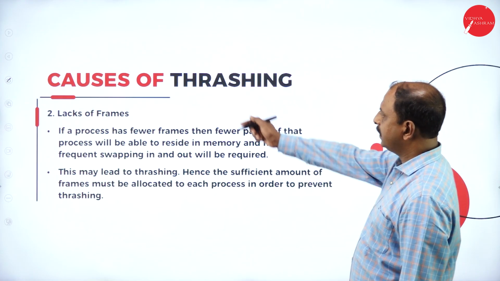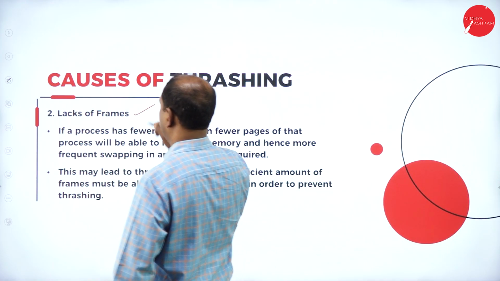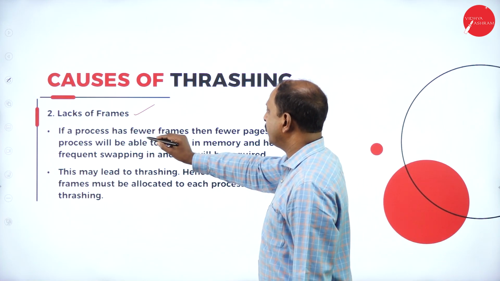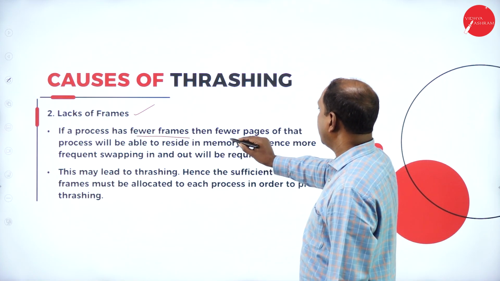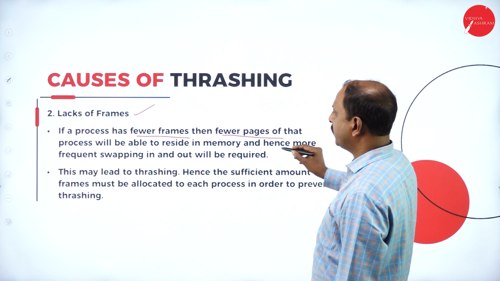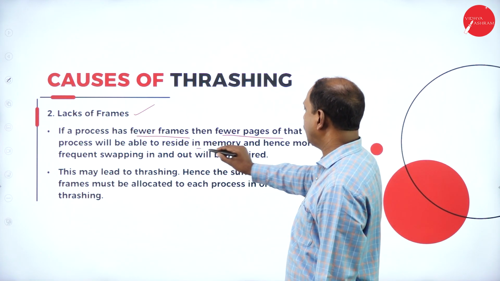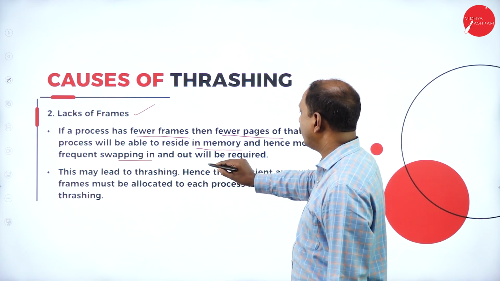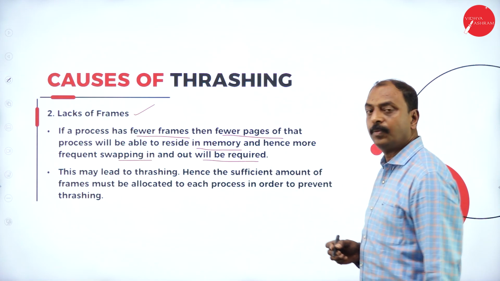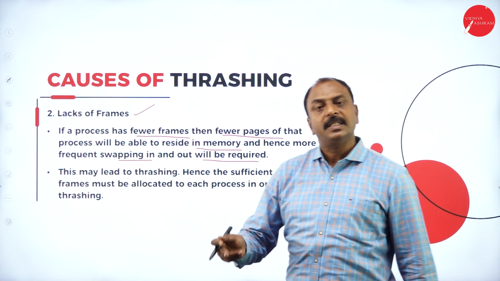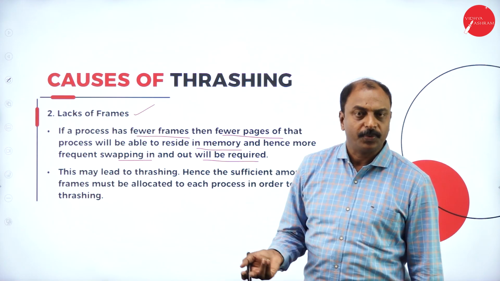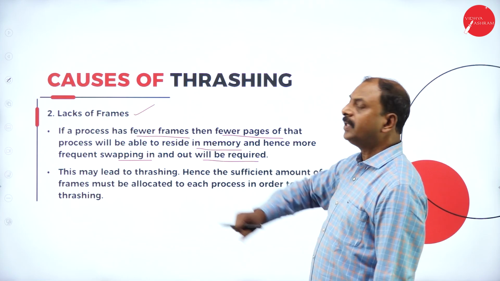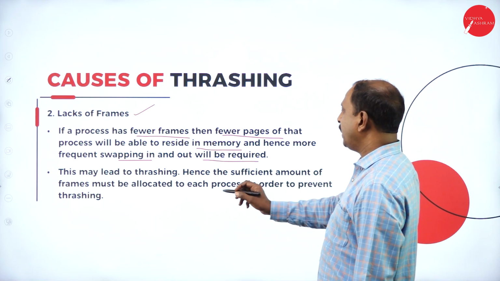Another reason is lack of frames, same as what you have seen in the previous slide. If a process has fewer frames, then fewer pages of that process will be able to reside in memory, and hence more frequent swapping in and swapping out will be required. Obviously, if there are fewer frames and more processes, frequent swapping will take place, and this may lead to thrashing.